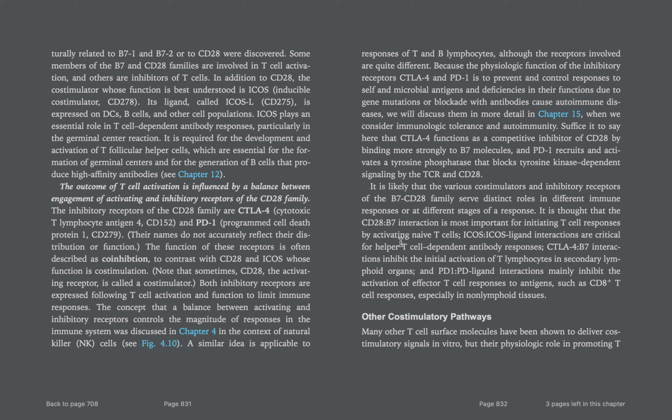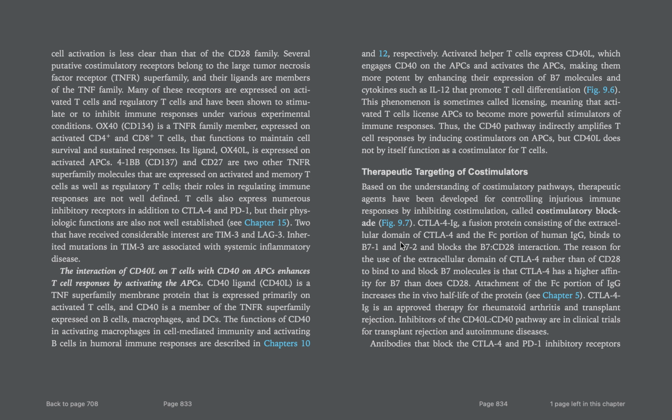in non-lymphoid tissue. Other costimulatory pathways: many other T cell surface molecules have been shown to deliver costimulatory signals in vitro, but their physiological role in promoting T cell activation is less clear than that of the CD28 family.